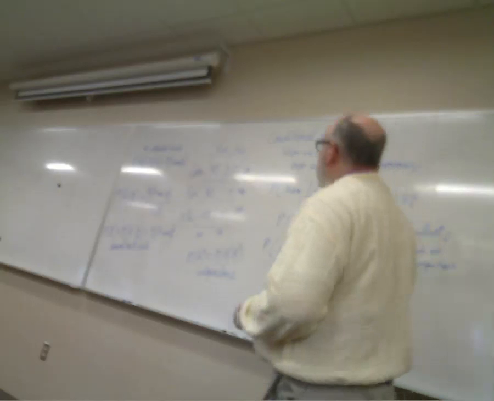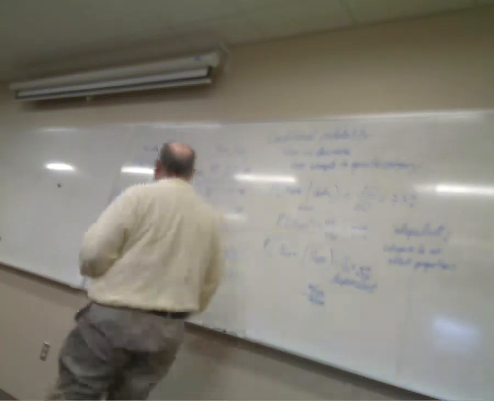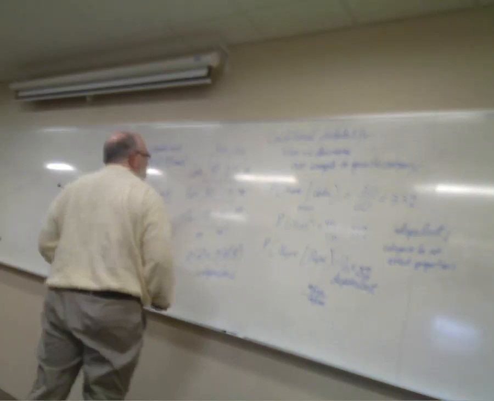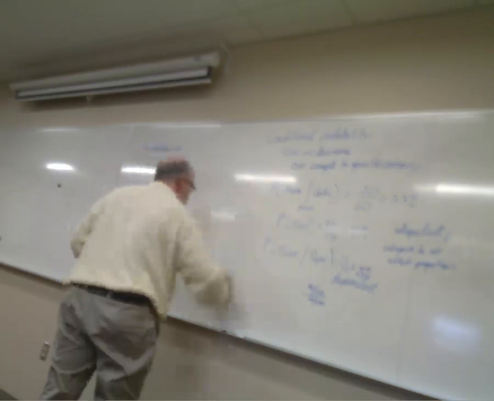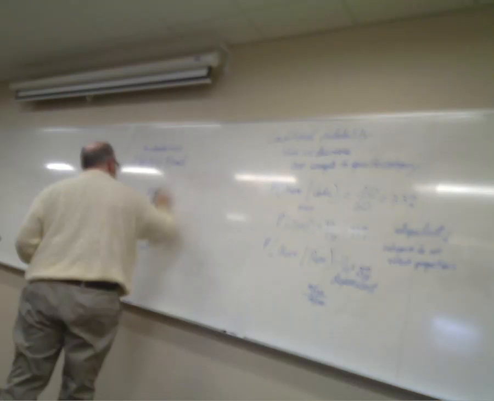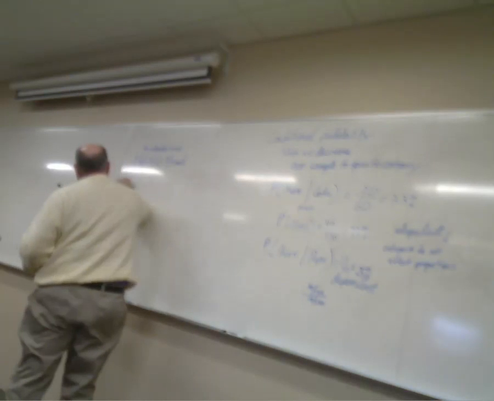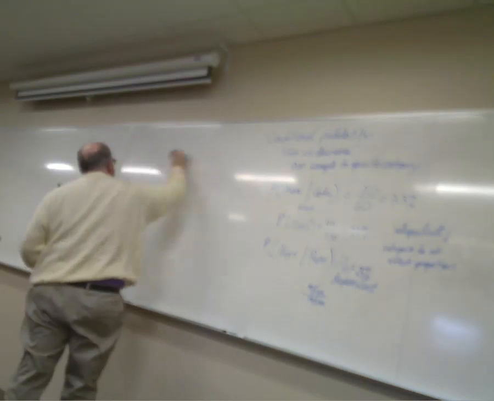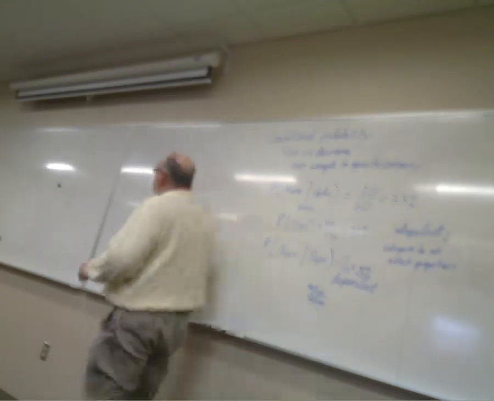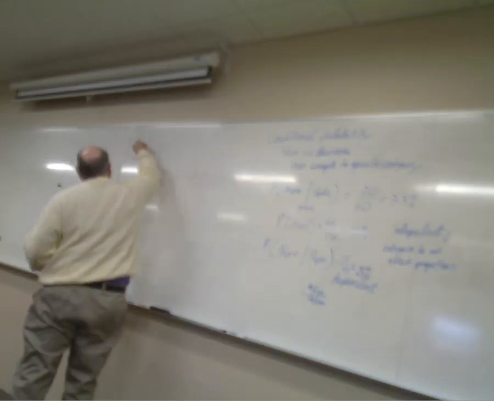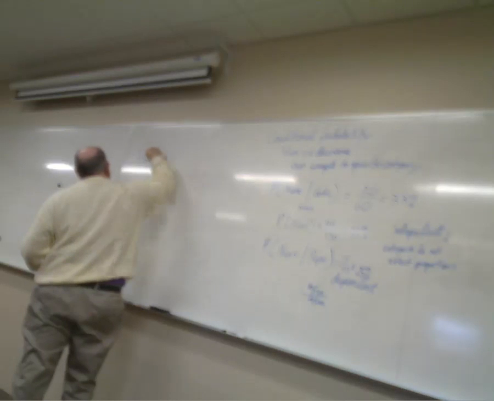All right, so let's do one other thing, and then maybe we'll come back to this. All right, let's get rid of this. The other thing I want us to consider is something called counting rules.